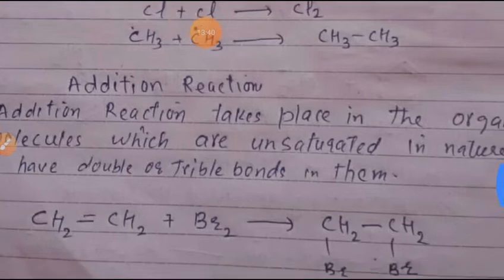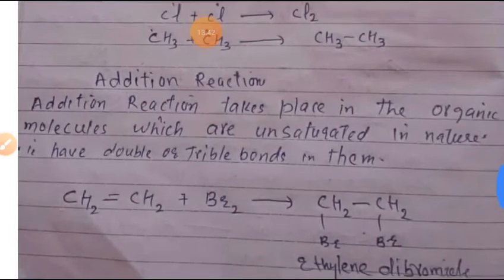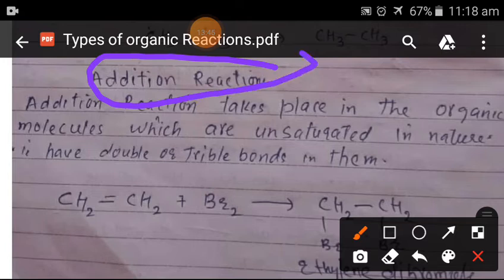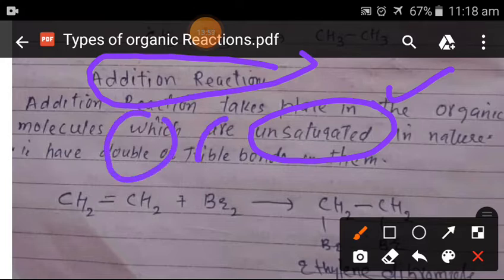So this was one type of reaction, called a substitution reaction. Similarly, we have another type of reaction, called an addition reaction. Addition reactions take place in organic molecules which are unsaturated in nature. Unsaturated means they contain double or triple bonds. Clear?